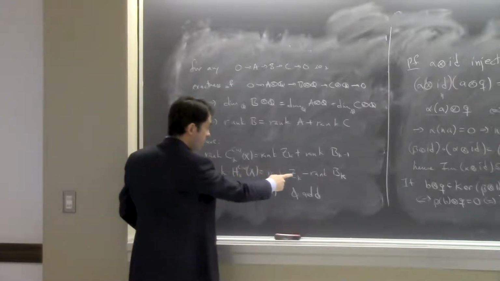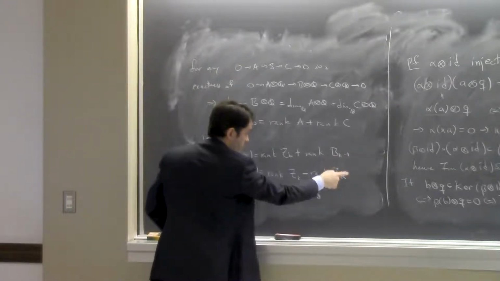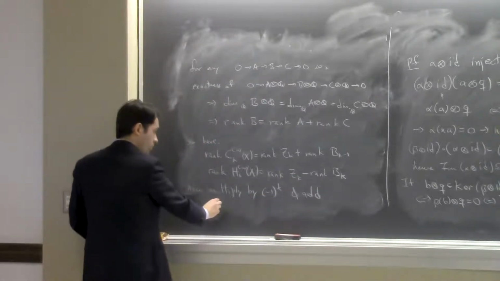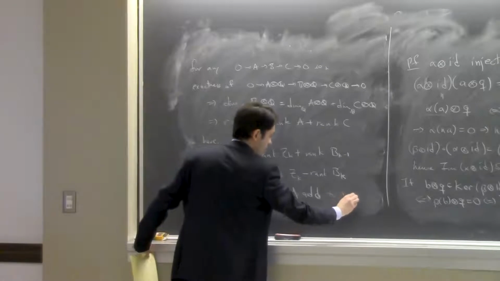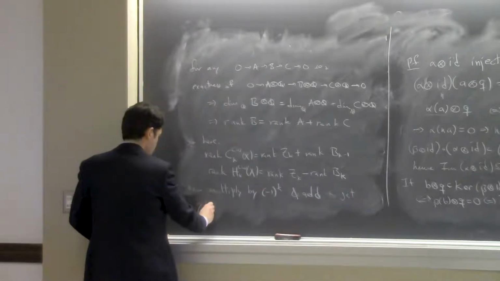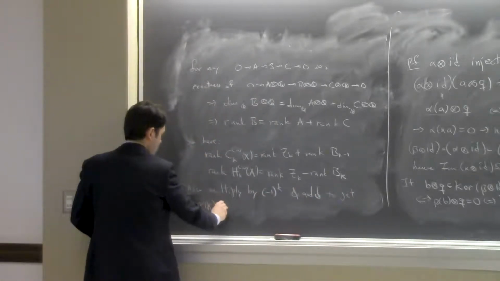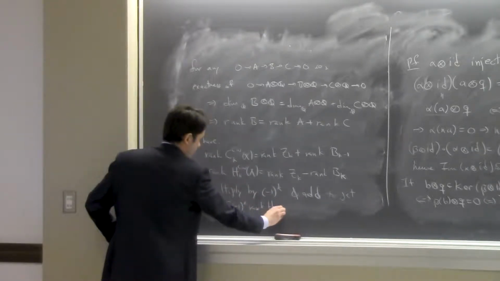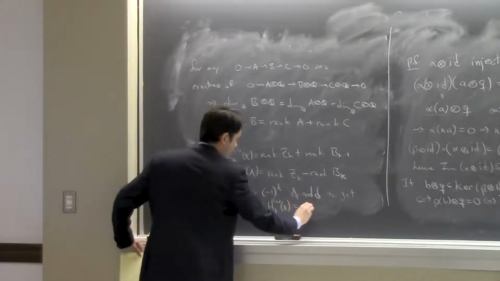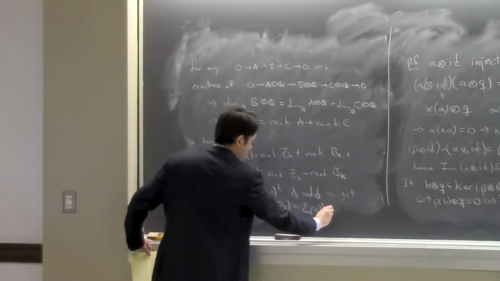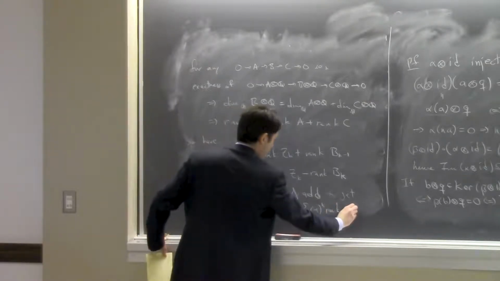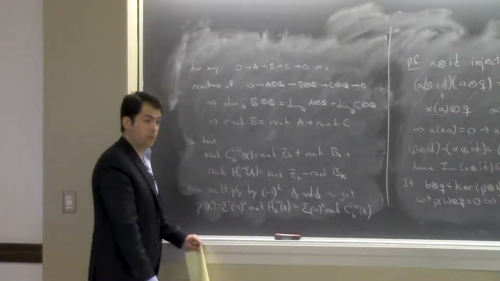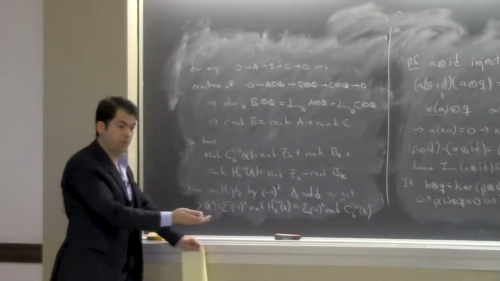But you're going to get the same thing because this is shifted by 1 and the sign changed. So we get that the Euler characteristic of X, which is the alternating sum of the ranks of the Hk, is equal to the alternating sum of the ranks of the chain groups. But the rank of the chain group is just the number of k-cells.